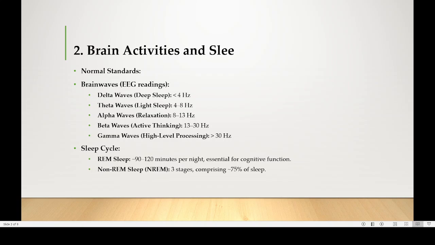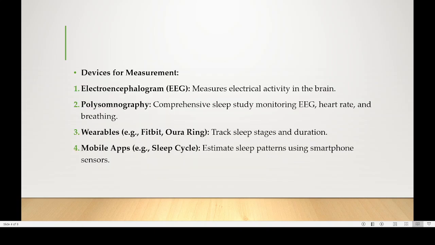Non-REM sleep occupies nearly 75% of the duration of sleep. So these are the two basic variations in the sleep cycle.